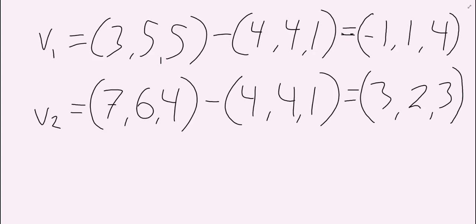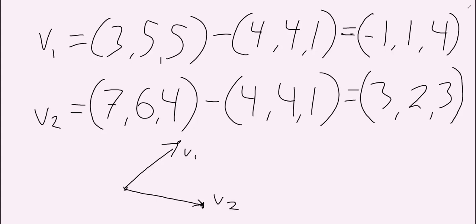So these are our vectors. And then we can imagine, if we want to draw some kind of image, we can say v1 will look something like this, v2 will look something like this, where the points we were working with are the 4, 4, 1 point would be here, 3, 5, 5 here, and 7, 6, 4 over here.